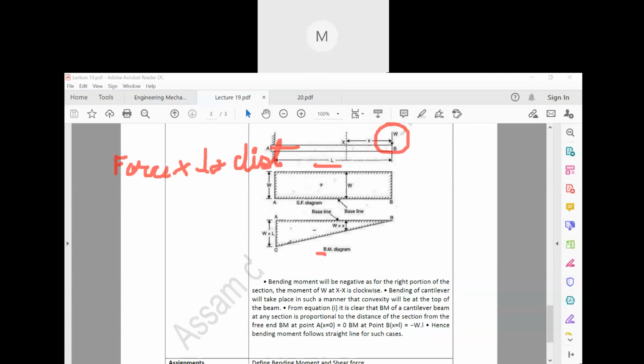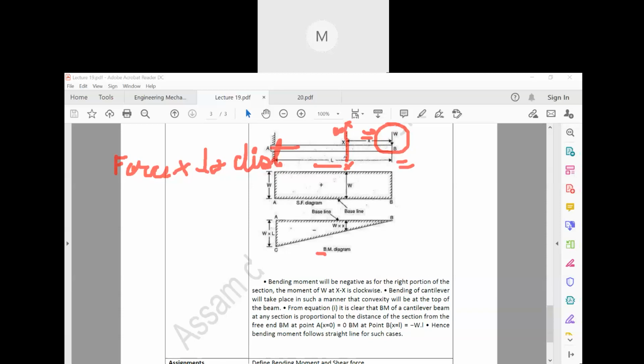So for finding the bending moment, you have to consider one section here, XX. If you consider the section XX here, it is at a distance of X. If it is at a distance of X from this W, then W into X will give you the bending moment at this point.